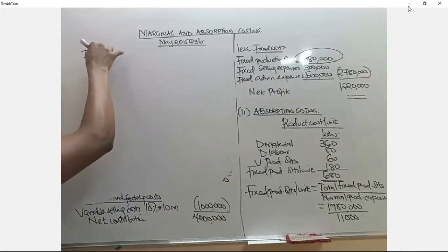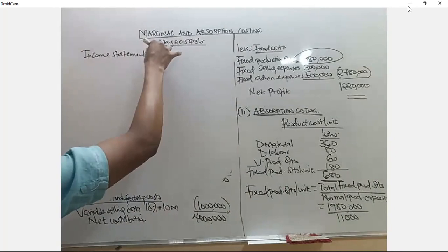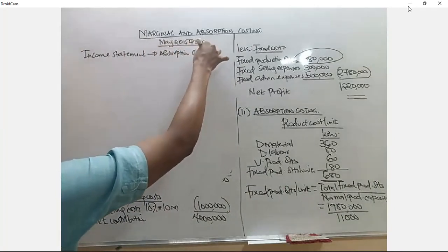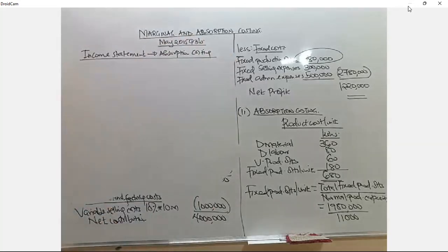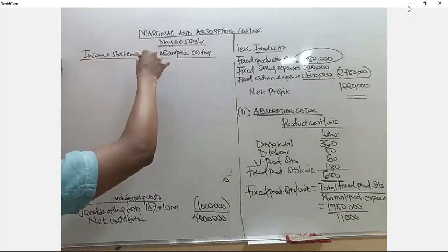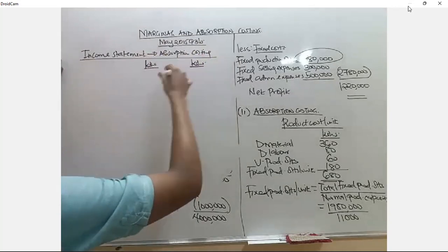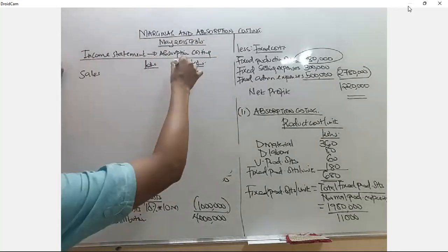You have to come up with income statements using the absorption costing. You are supposed to have 2 columns of Kenya shillings. We start with our sales as usual. Our sales will be 10 million, nothing is changing there.